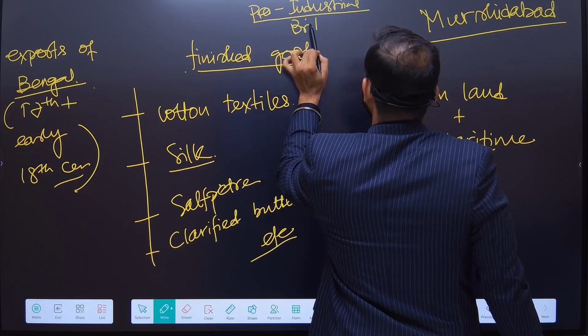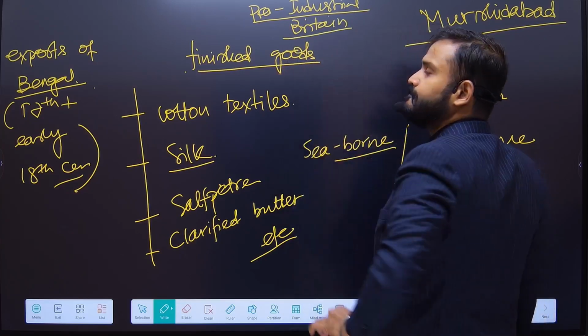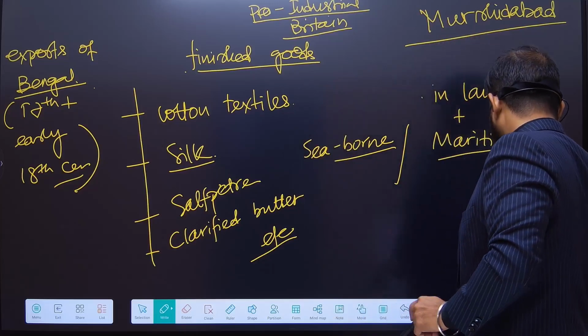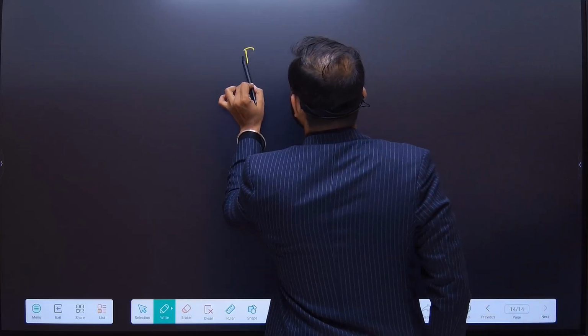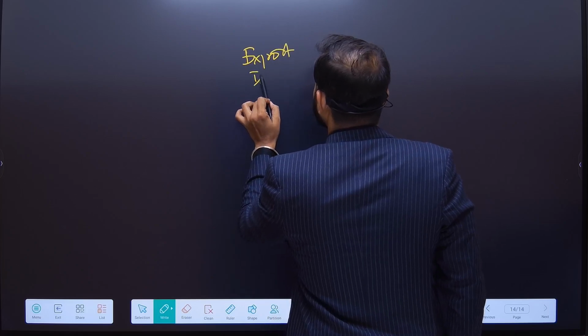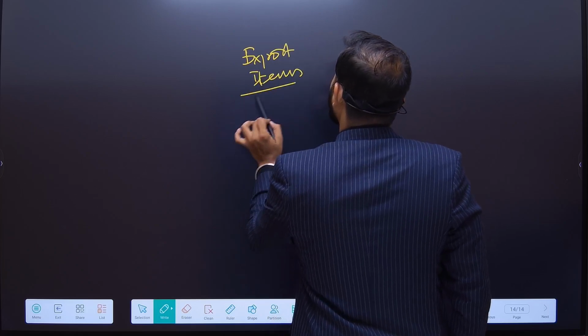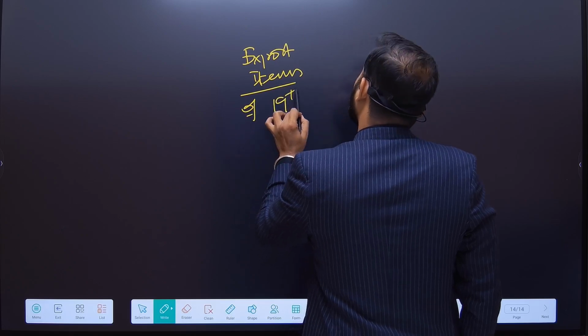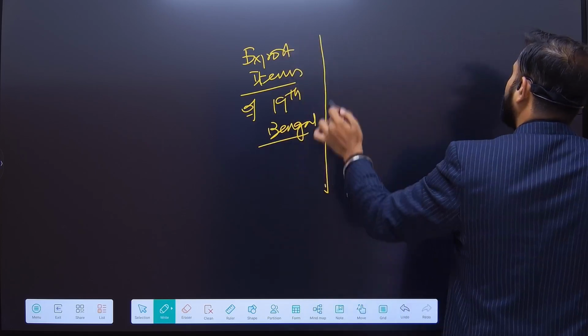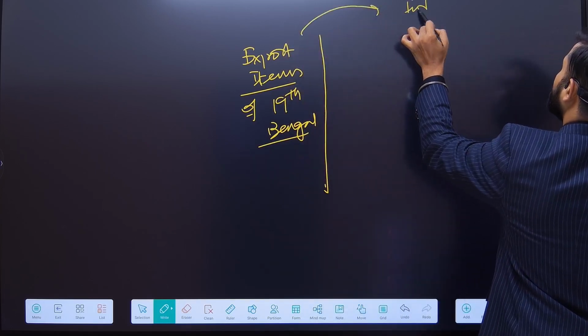That means industrialization did not happen there. If I change the time period, I make a contrasting analysis. Suppose I say the export items of 19th century Bengal, that means it is coinciding with industrial Britain.